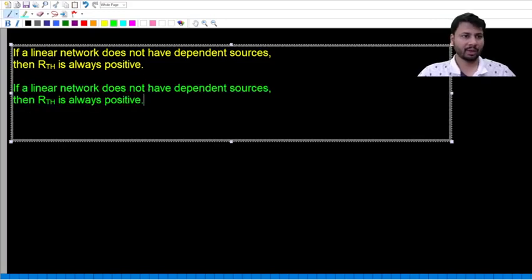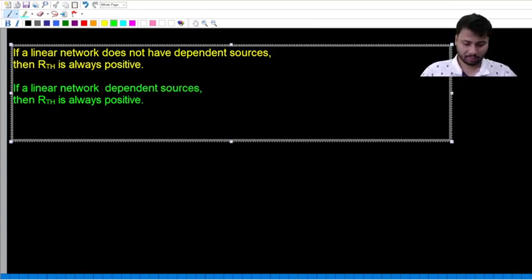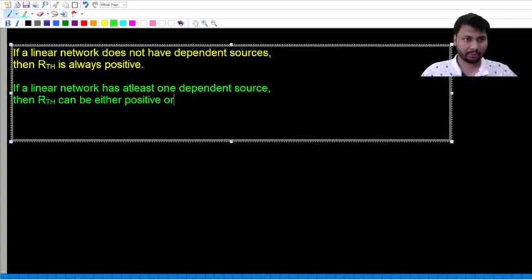if a linear network has at least one dependent source, then RTH can be either positive or negative, or even can be anything.